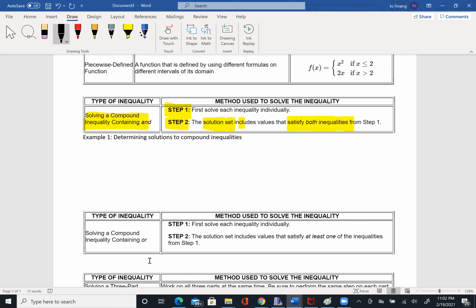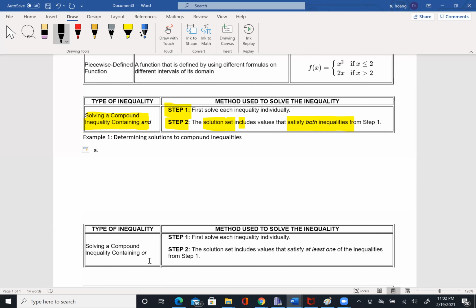So A: I have x plus 1 less than 9 and 2x minus 1 greater than 8, with x equal to 5 and x equal to -5.